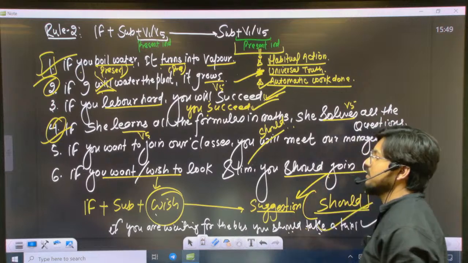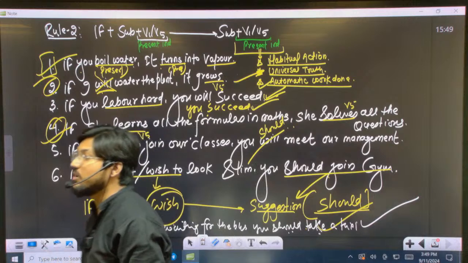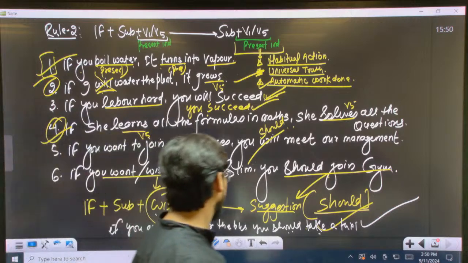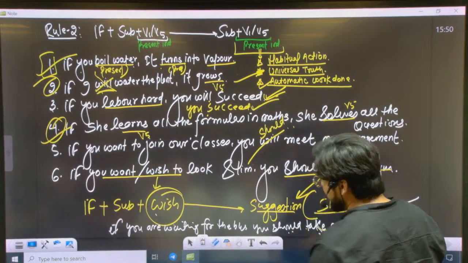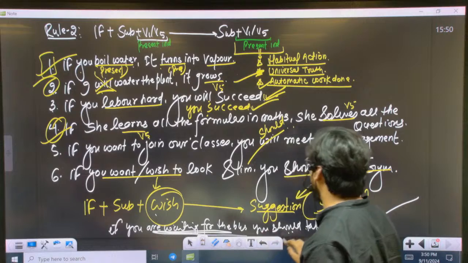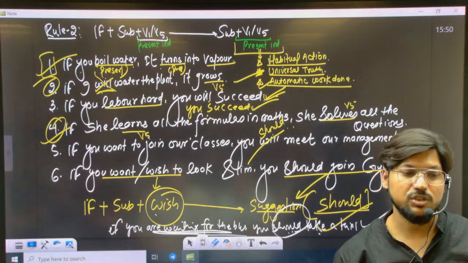This is also correct. Why? You are waiting here means you want to go somewhere. So there's a suggestion from my side that you should take a taxi rather than waiting for a bus. So if you are waiting, means if your sentence is in present continuous tense, then again we may use what? Suggestion case.